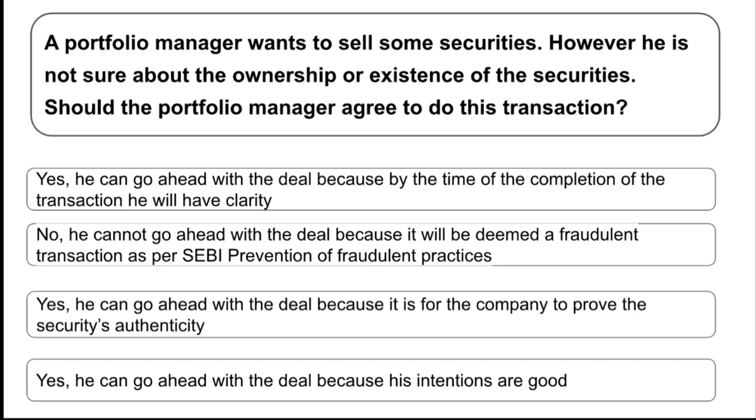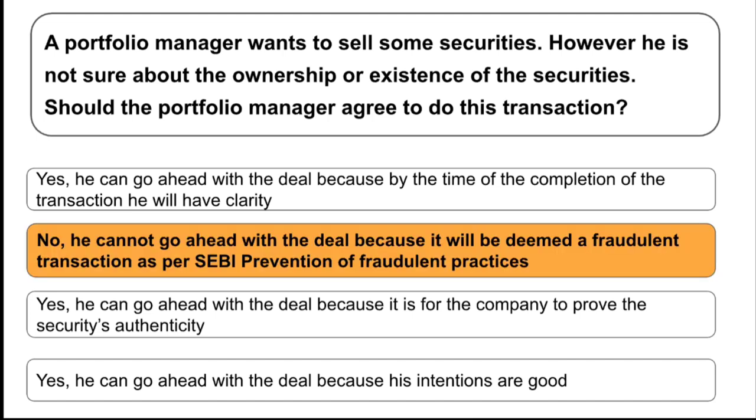Options are: A, yes, he can go ahead with this deal because by the completion of the transaction, he will have clarity; B, no, he cannot go ahead with this deal because it will be deemed a fraudulent transaction as per the SEBI prevention of fraudulent practices; C, yes, he can go ahead with the deal because it is for the company to prove the security's authenticity; D, yes, he can go ahead with the deal because his intentions are good. So the correct answer is B. That is, he cannot go ahead with this deal because it will be deemed a fraudulent transaction as per the SEBI prevention of fraudulent practices.